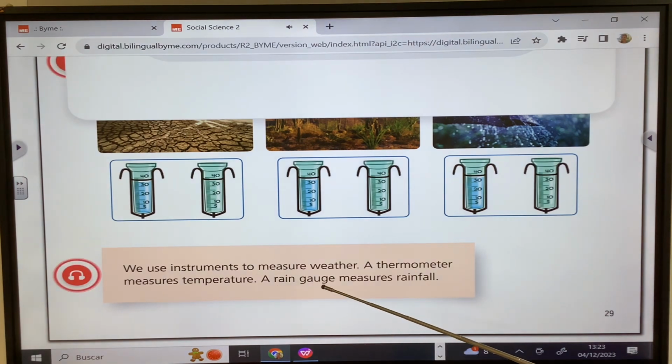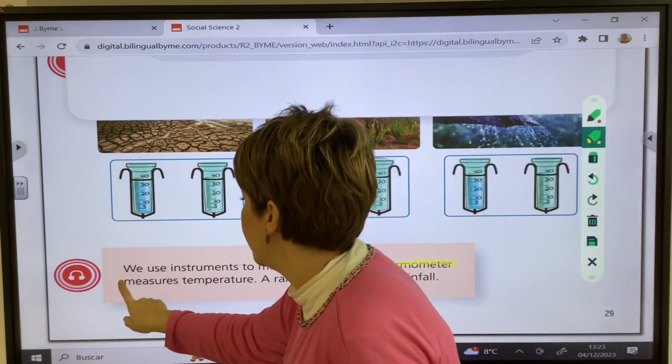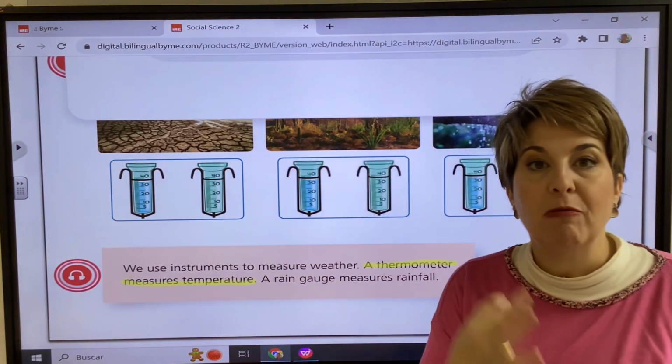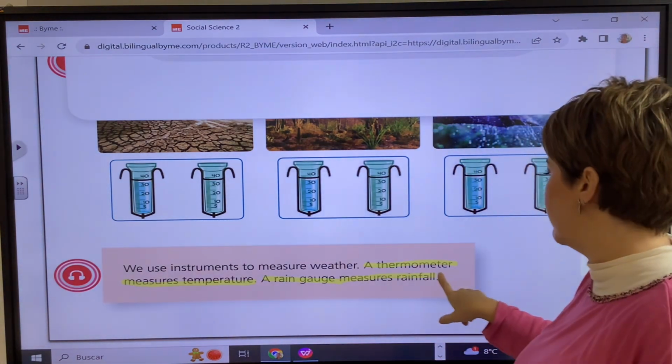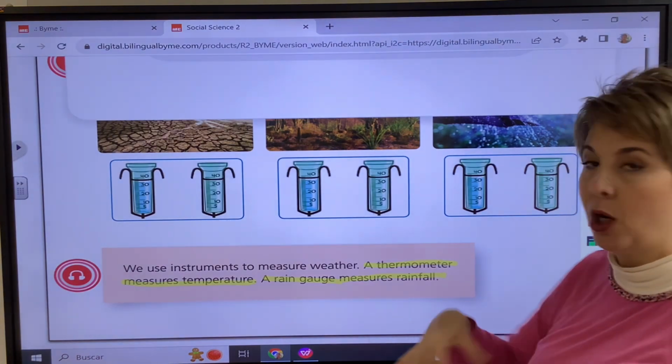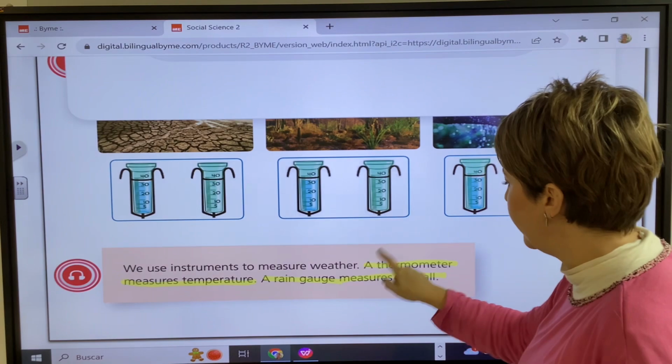A rain gauge measures rainfall. The thermometer measures temperature, and the rain gauge measures rainfall, if there's a lot of rain or a little bit of rain. So that's the super important part.